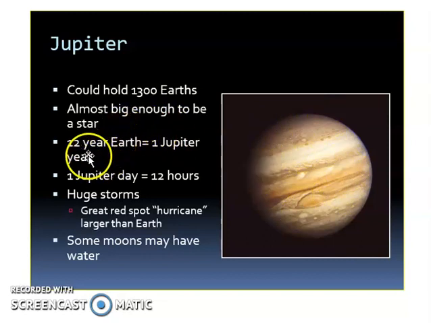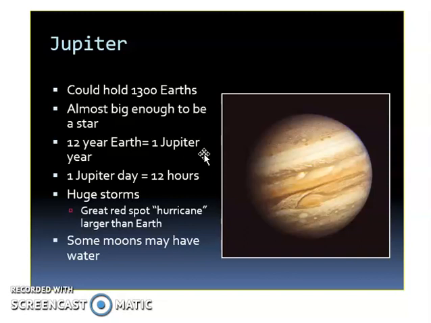Didn't you know, girls, that 12 years here on Earth is just 1 year on Jupiter? I will repeat: 12 years here on Earth is just 1 year on Jupiter. Why? Because the orbit size and length of Jupiter is much bigger compared to Earth.